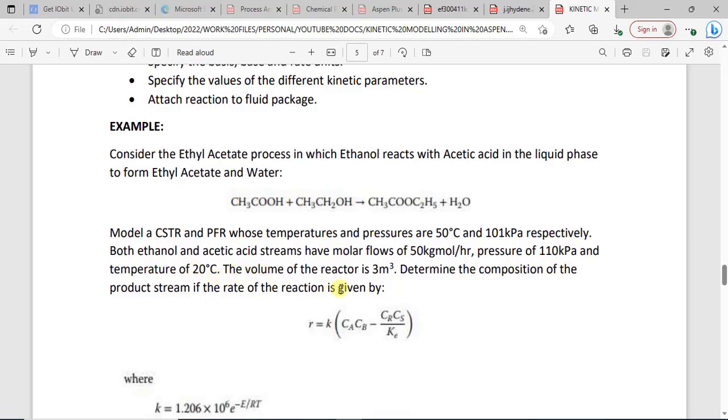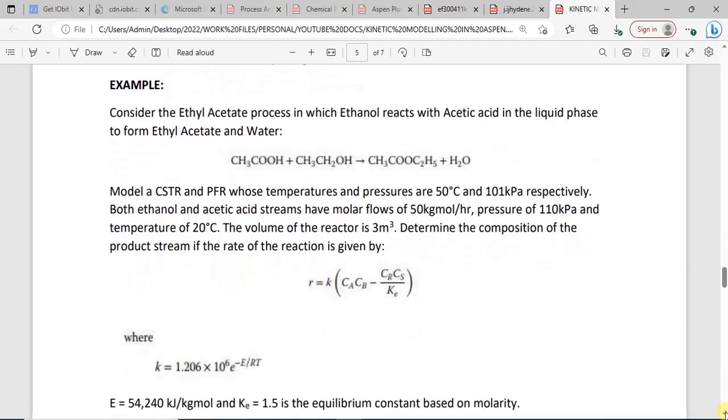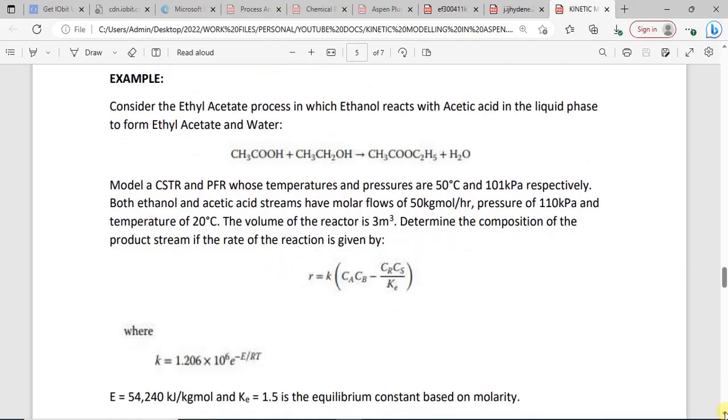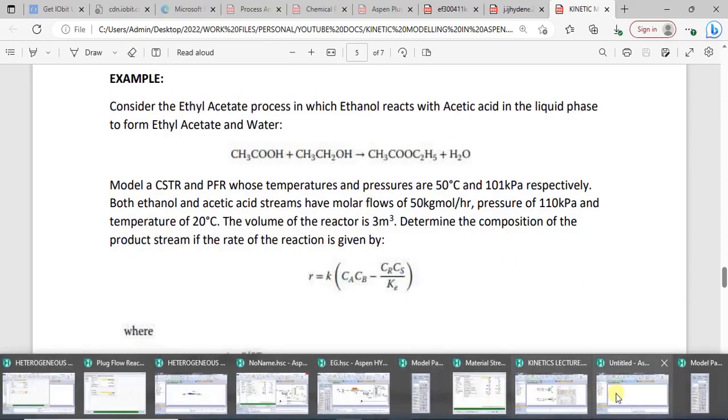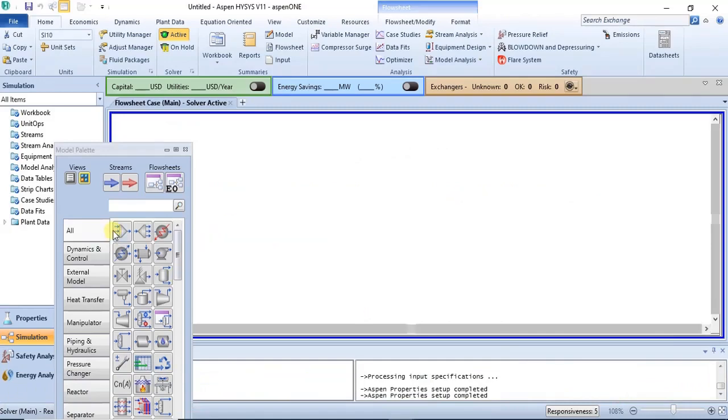Right? Then the volume of the reactor is 3 meter cube. It says determine the composition of the product stream. Right? So we are supposed to determine the composition of the product stream. So yes, we have been given all the details we need.